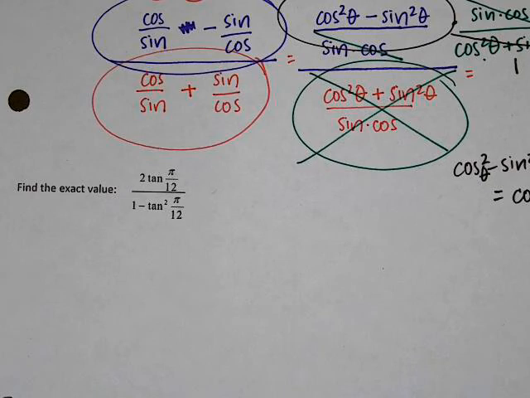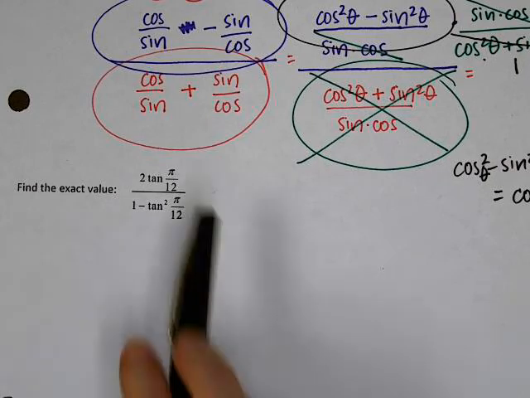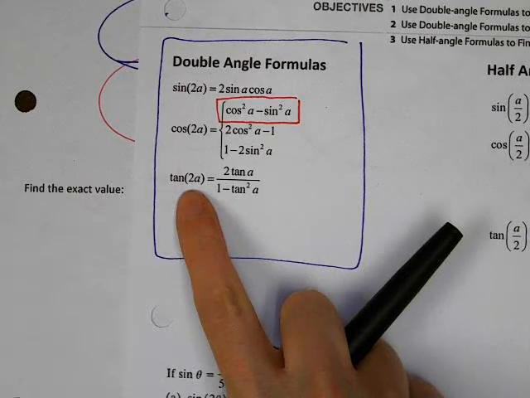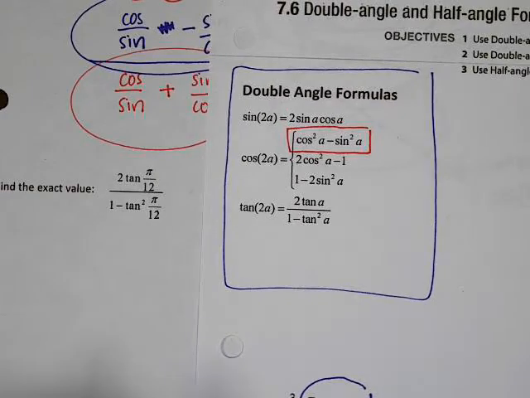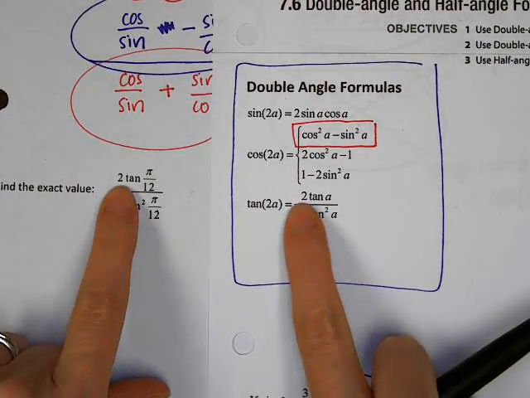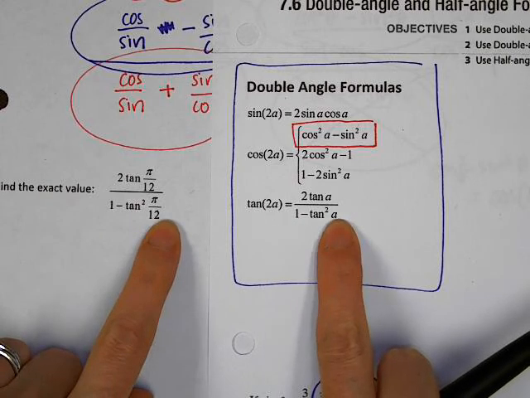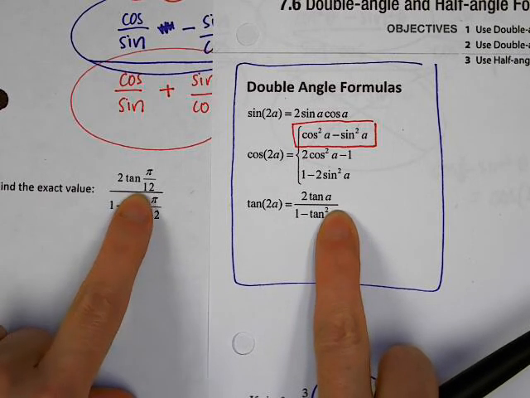And then the last one, pi over 12, we don't know, right? It's not on the unit circle. But let me pull out our tan here. So this one's actually working backwards. See how this kind of fits this identity here? But alpha or A is just pi over 12.